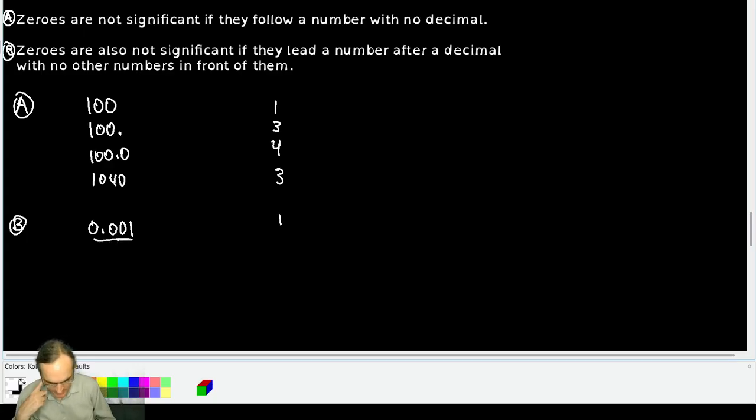Those are leading zeros with nothing in front of them. If you have 0.0204, that's going to have 3 digits of precision. The leading 0.0 is not significant. It doesn't give you digits of value. Okay, I hope that's enough examples.